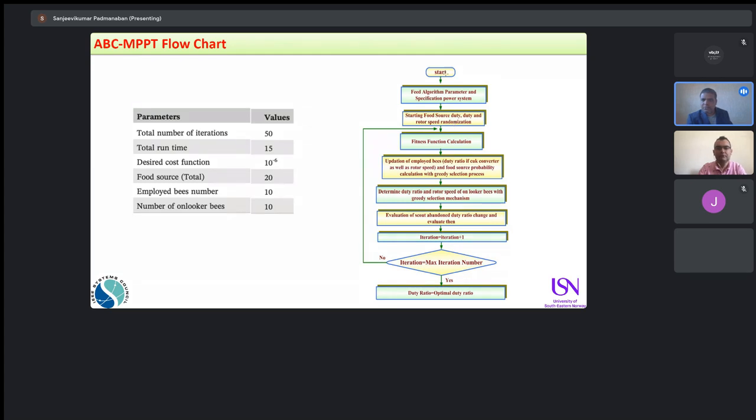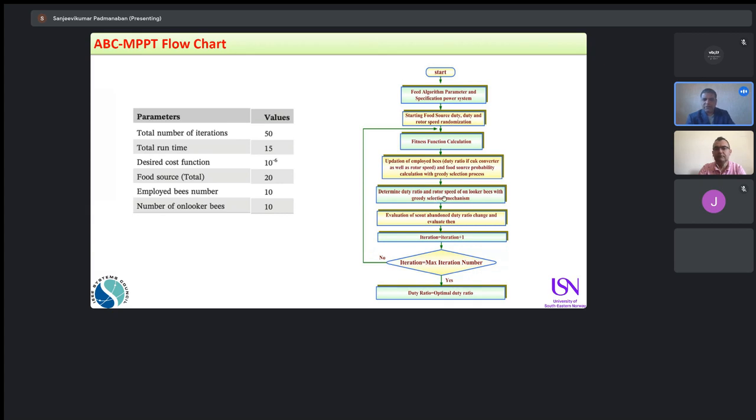We start the program. We initialize all these parameters into the system in the dSPACE. We calculated the random speed of the turbine, duty cycles, and so on. Then we calculated the fitness function. Once the fitness function is calculated, we trigger the duty cycle for the Cuk converters.